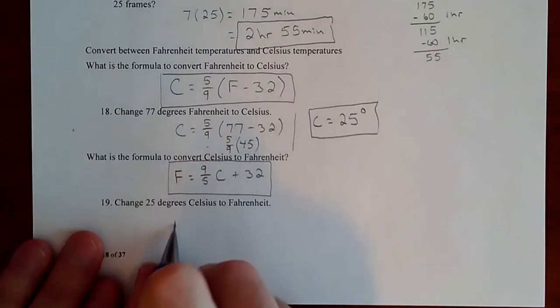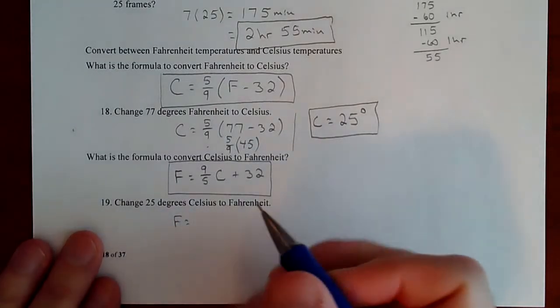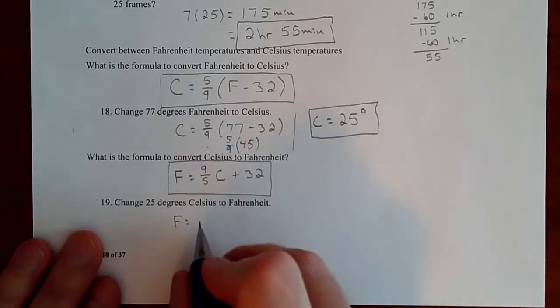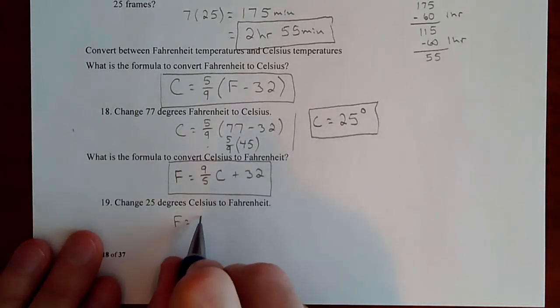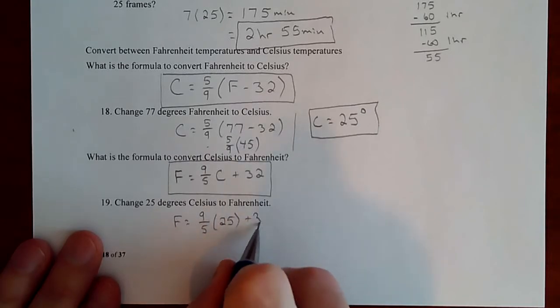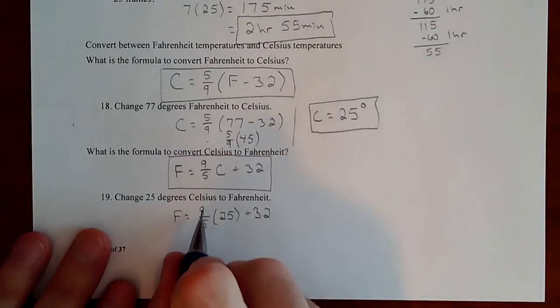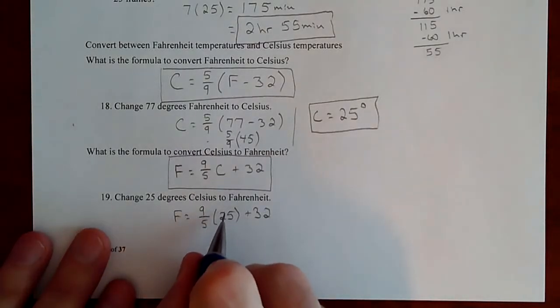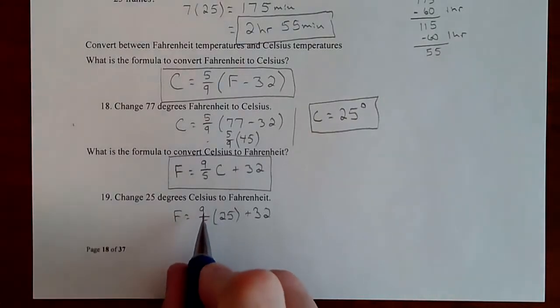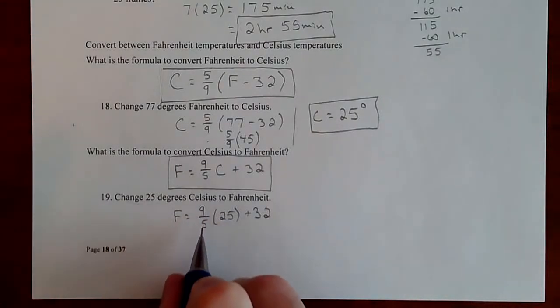So the temperature says it is 25 degrees Celsius. I have no idea what that means. How warm is that? How cold is that? So we'll take 9/5 of 25 plus 32. I'm going to do this without a calculator. If I ever take a fraction times a whole number, a fraction consists of a multiplication piece and a division piece.